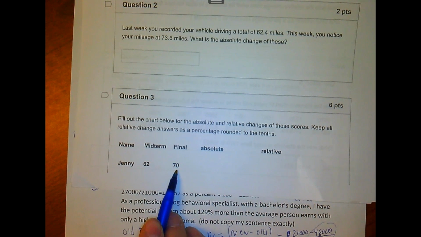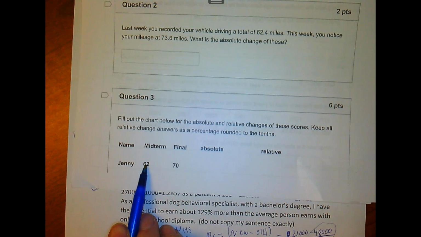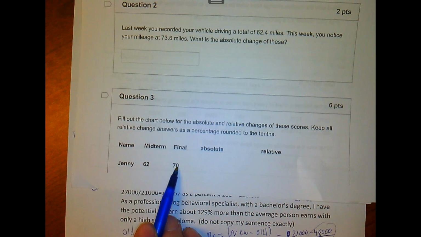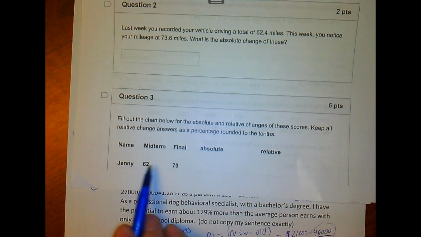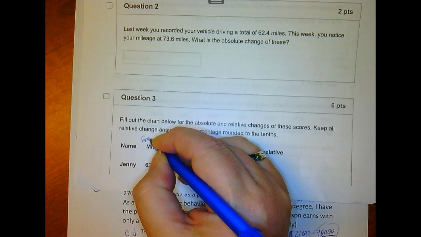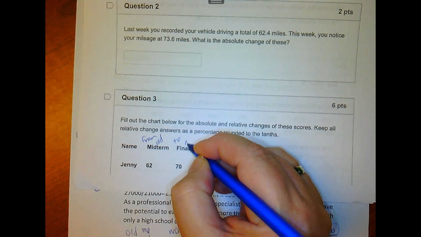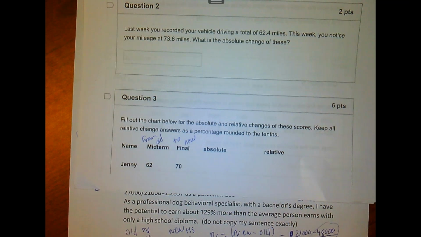So sometimes you have to look at it, what are we talking about? And we're talking about how did we improve from the midterm to the final, or how did our scores change? So this would be from this to this. So this becomes our old, and this is the new. So sometimes you have to look at the situation.